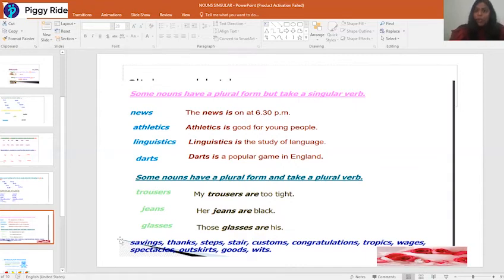Spectacles. Where are my spectacles, Susie? I left them on top of the cabinet. Goods. There are so many goods to carry from one place to another. Outskirts. Let's visit the outskirts with our family members so that we can relax and rejuvenate.